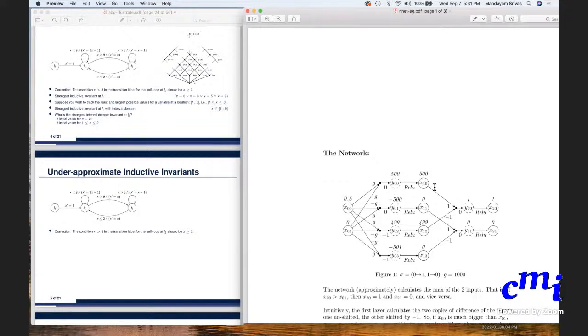And therefore, you could compute this by computing the strongest inductive invariant. At the output of each layer, you will be capturing the set of all possible values that can ever occur at those nodes for all possible inputs, and then you can keep doing that for each layer.